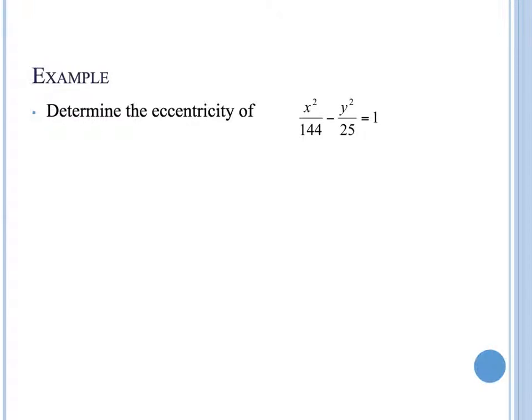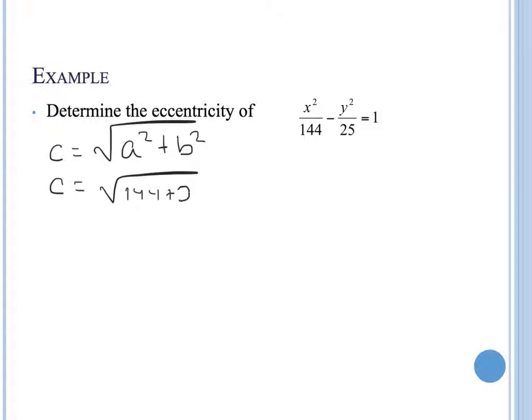So if we try to find how curvy this particular conic section is, we have to find c, which comes out by taking the square root of a squared plus b squared, and thankfully they finally gave us some nice numbers to work with. Because when you add 144 and 25, you get the square root of 169, and that gives us 13.